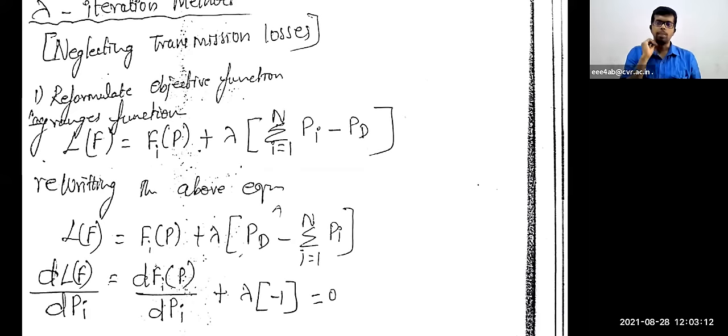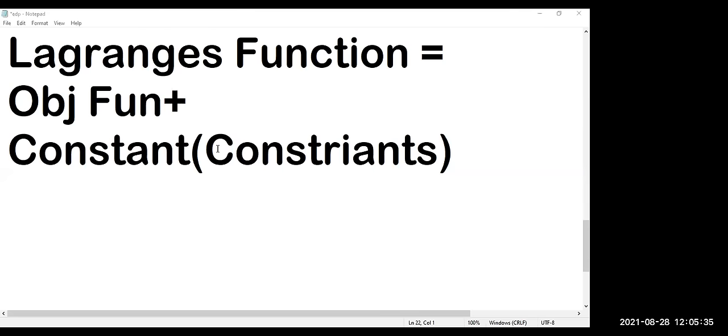In the forthcoming classes, one class we'll see that. But there are many. One such technique is solving using Lagrange's function method. So what is Lagrange's function? This is the general formulation of Lagrange's function.